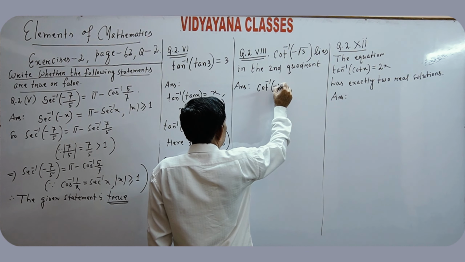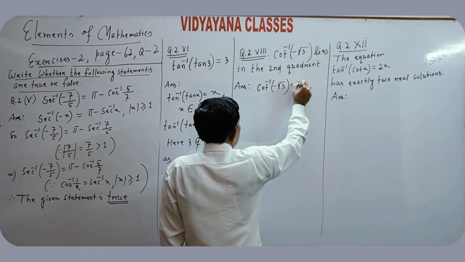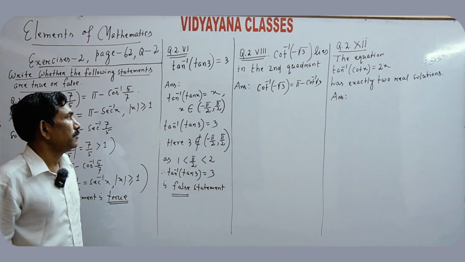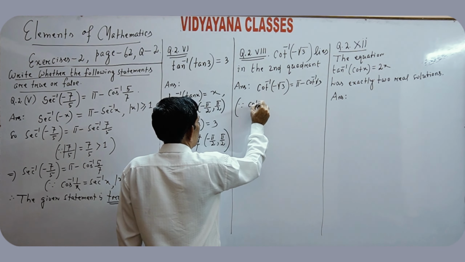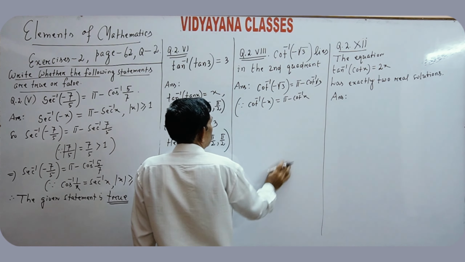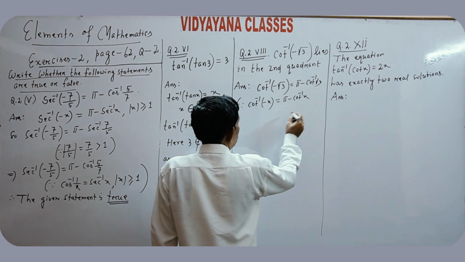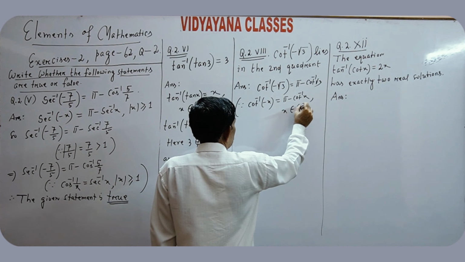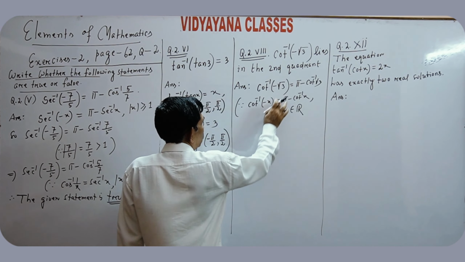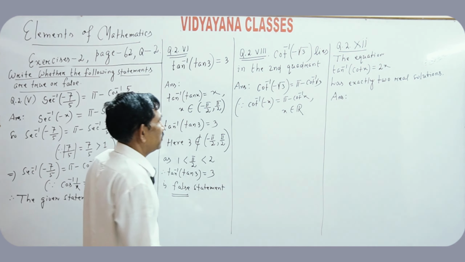Cot inverse minus root 3 is the same as pi minus cot inverse root 3, since cot inverse minus x is equal to pi minus cot inverse x, where x belongs to the set of real numbers. So cot inverse minus root 3 is equal to pi minus cot inverse root 3.